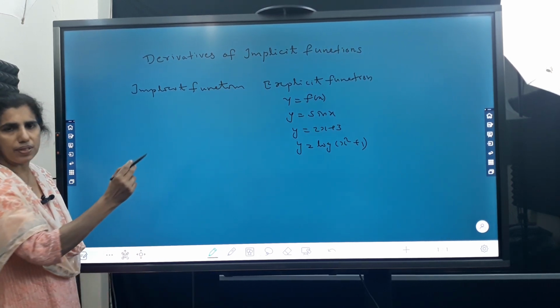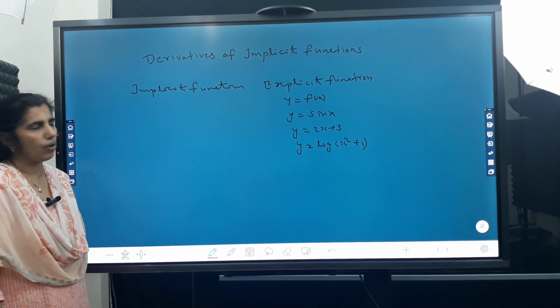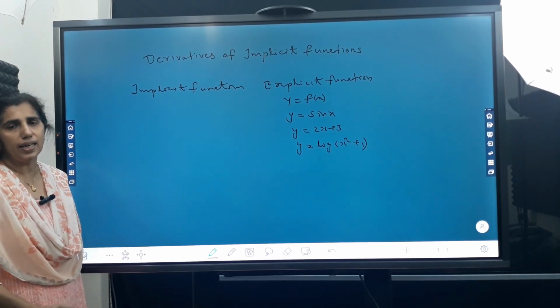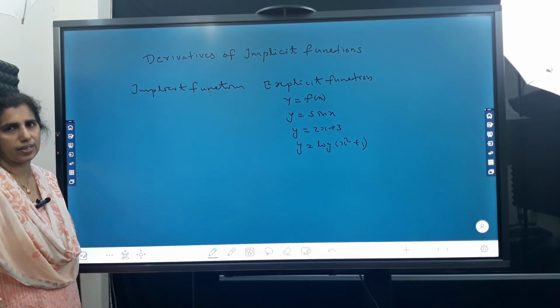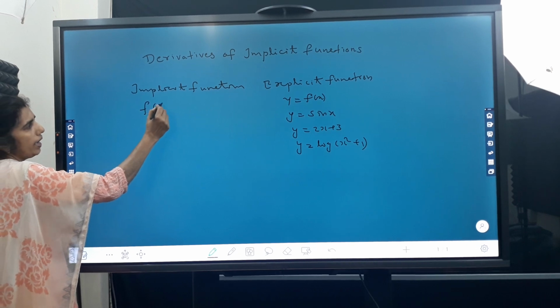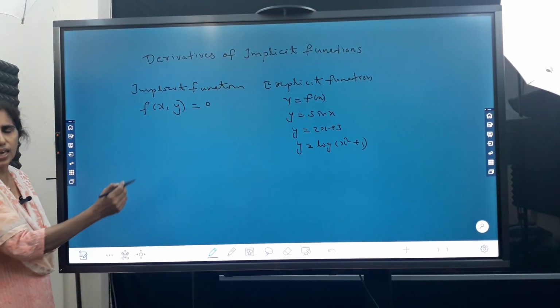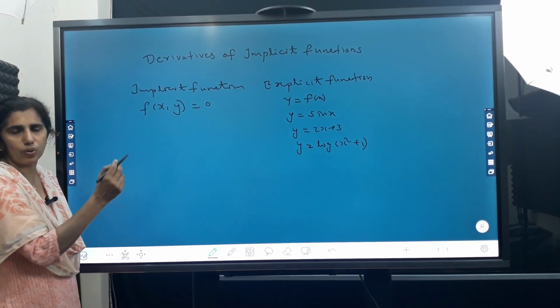Whereas in an implicit function, y is not directly given as a function of x. Y is indirectly given as a function of x. How is it? The relation between x and y is given in the form of an equation f of x, y equal to 0.